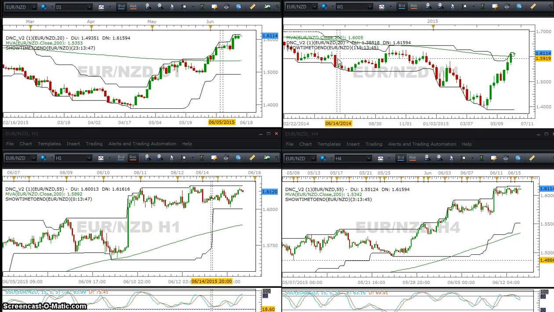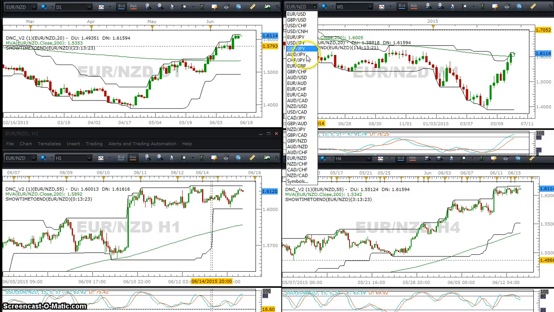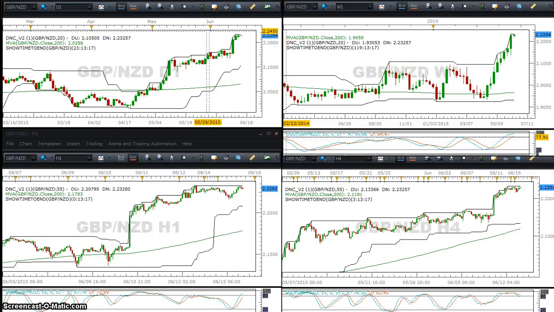I did a strong weak currency analysis just a few minutes prior to this session, and I learned that, based on the settings that I use, a 200 period moving average on a 4-hour chart, the pound is the strongest currency that's out there. The New Zealand dollar is the weakest. So the first pair I'm going to take a look at in this drill down is the pound New Zealand.